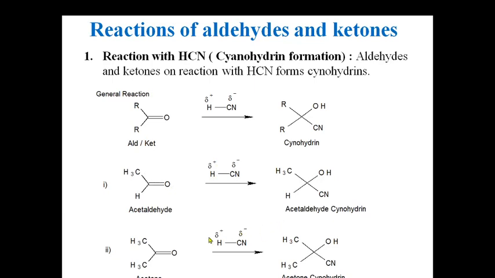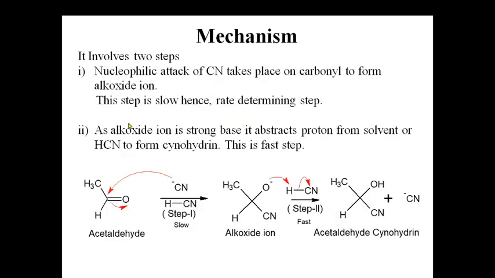Next, acetone on reaction with HCN forms the corresponding acetone cyanohydrin. Let's see the mechanism of this reaction. So it involves two steps. Nucleophilic attack of cyanide. So here is the cyanide ion. So nucleophilic attack of cyanide takes place on the carbonyl carbon to form alkoxide ion.